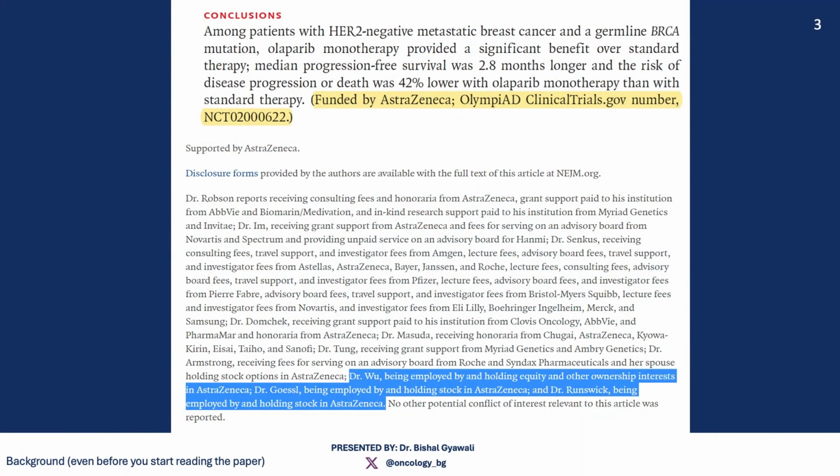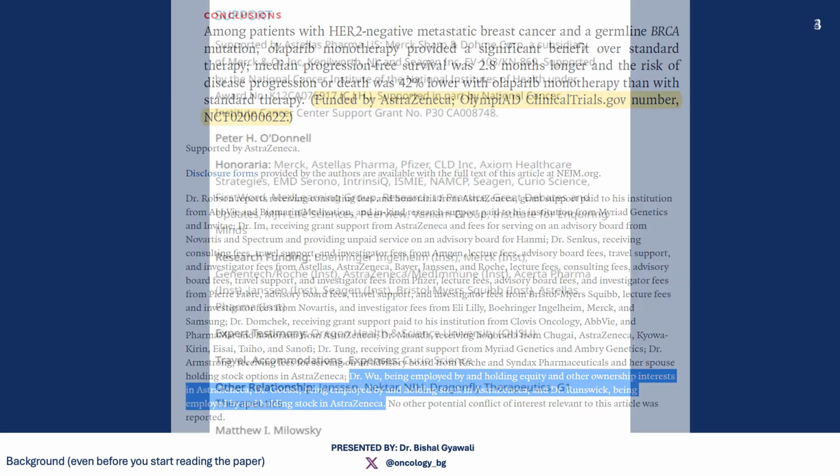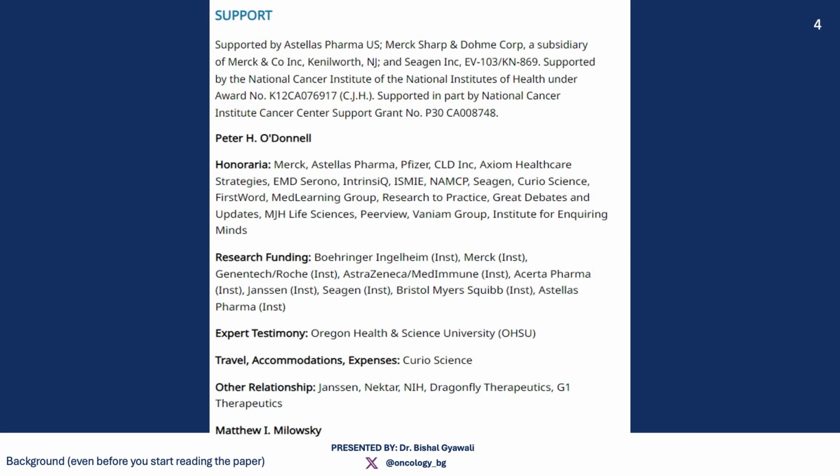First, you need to check who funded the trial. Usually for new cancer drugs, almost 100% of the time, this is funded by the industry that manufactures the drug. Depending on which journal you are looking at, there are specific places where you can find this information. For example, in the New England Journal of Medicine, you find this at the end of the abstract.